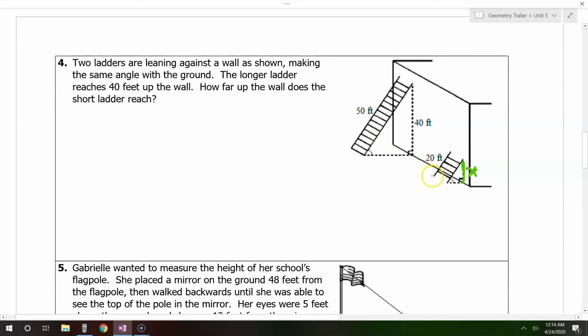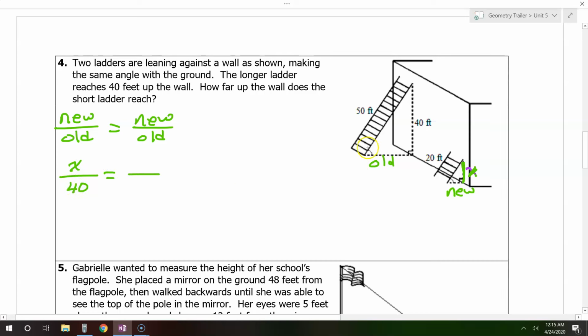We've got these similar triangles. I'm going to think of this triangle as new, and this triangle as old. I'm going to set up my equation in the form new over old is equal to new over old. Looking at these vertical pieces, new over old would be x over 40.